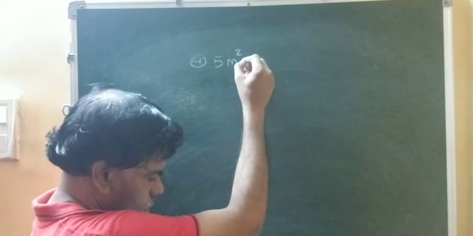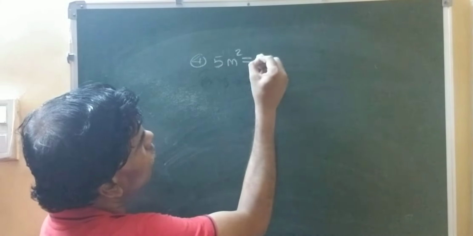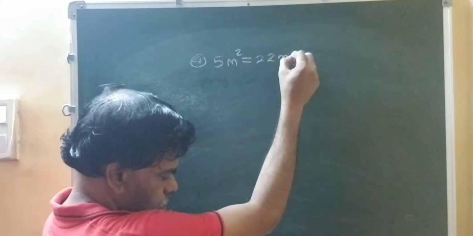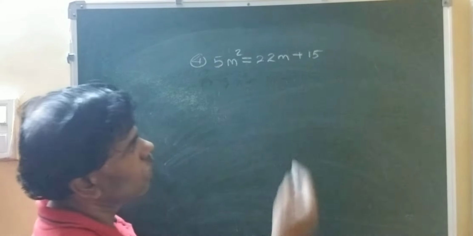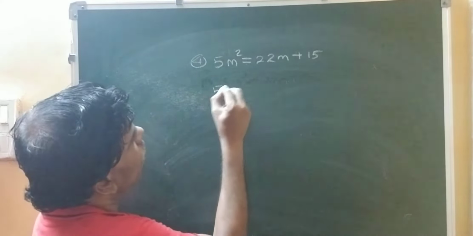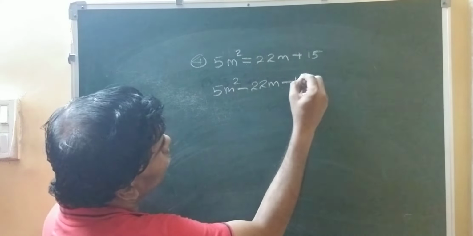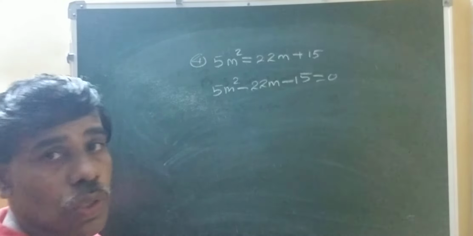5m square equal to 22m plus 15. So what is the standard equation first? Writing in the standard form: 5m square minus 22m minus 15 equal to 0.